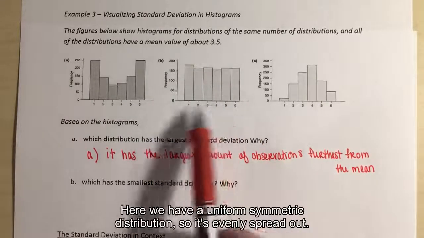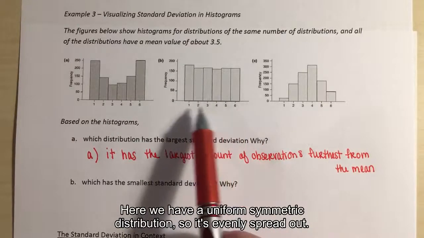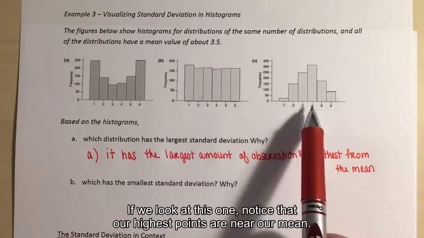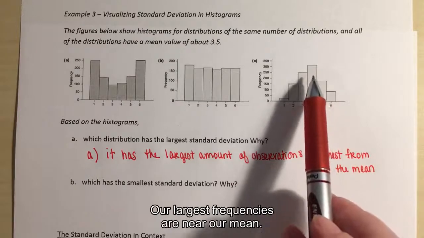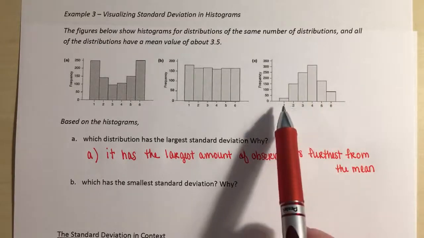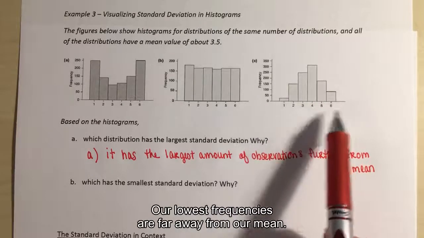Here we have a uniform symmetric distribution, so it's kind of evenly spread out. If we look at this one, notice that our highest points are near our mean. So our largest frequencies are near our mean. Our lowest frequencies are far away from our mean.